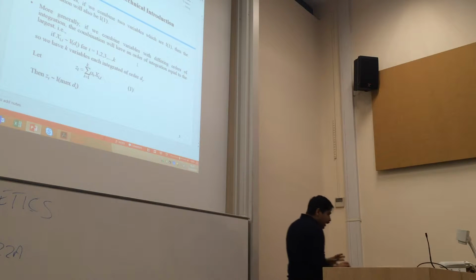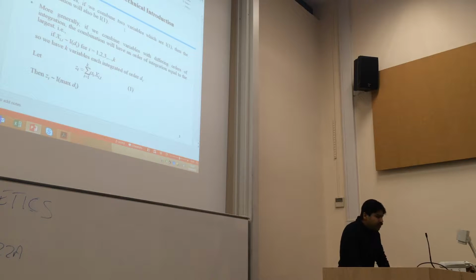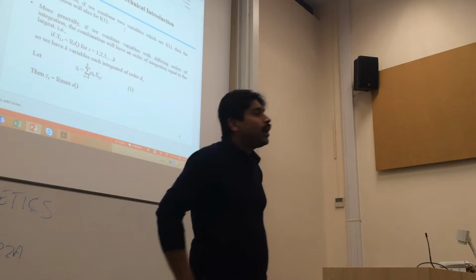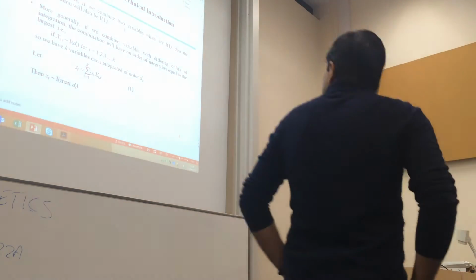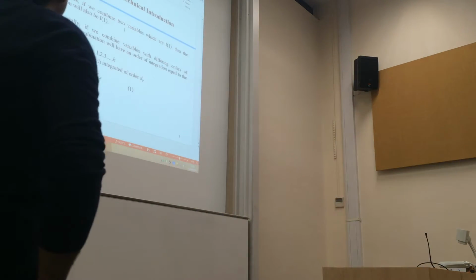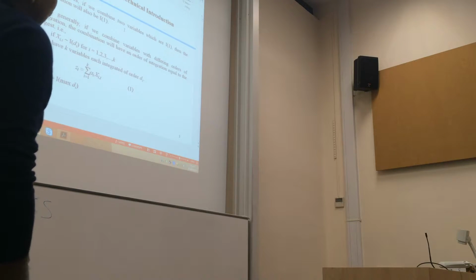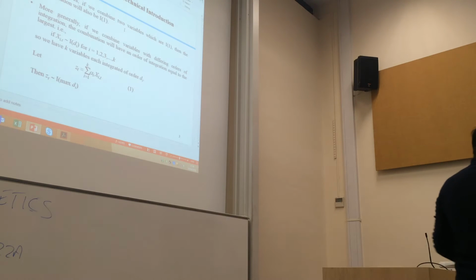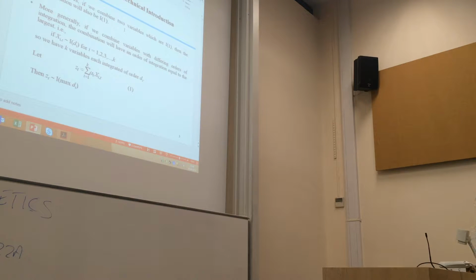Okay? Now, let me try to start with the most technical description of what we call co-integration. So let's think that we have a variable called x, and we have a number of variables x_i, observed over time period t.